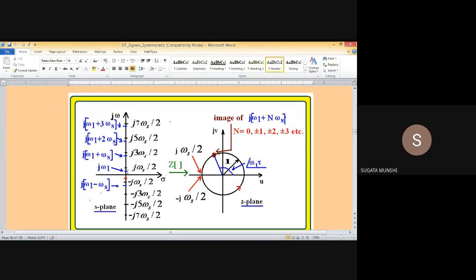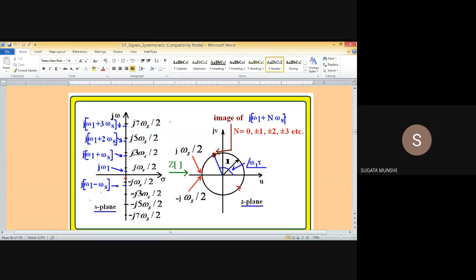So from omega 1, if you travel upward, what will happen? The angular frequency will increase. So from that point, you will be traveling here. Again, when you reach j omega s by 2, you will reach here. If you continue your journey from j omega s by 2 upward, then you will be traveling in this direction.